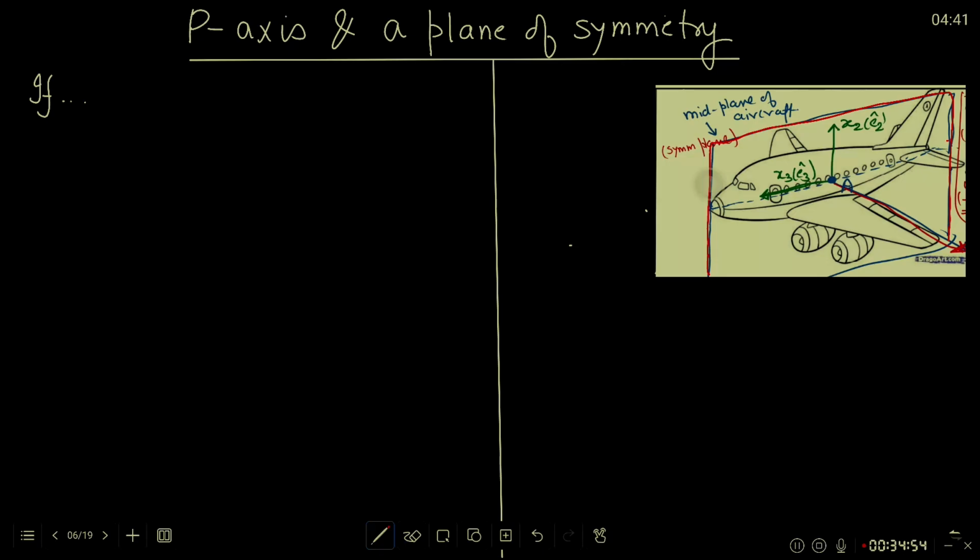Now it is a plane of symmetry either when the aircraft is completely vacant, nobody is inside, or when all the seats are occupied and we are assuming more or less every passenger has the same weight. So that is the approximation I am making. Maybe it is easier to work with the case when there is nobody sitting inside the aircraft, and then indeed this plane will be quite accurately a plane of symmetry, right?